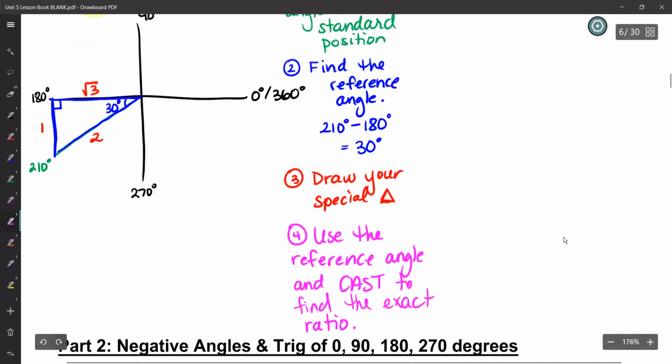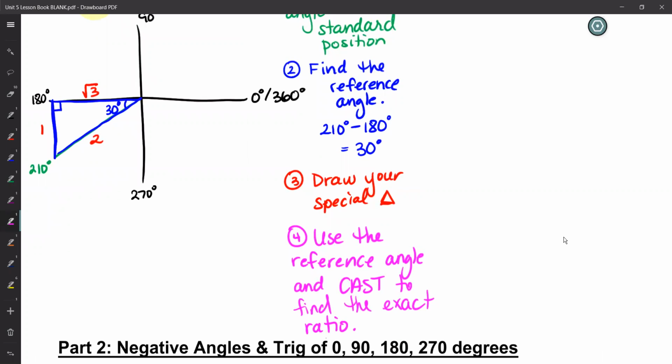Okay, so use the reference angle and the CAST rule to find the exact ratio. So if this is my reference angle, I also want to just quickly write out the CAST rule here.